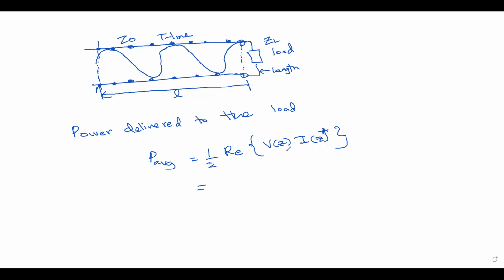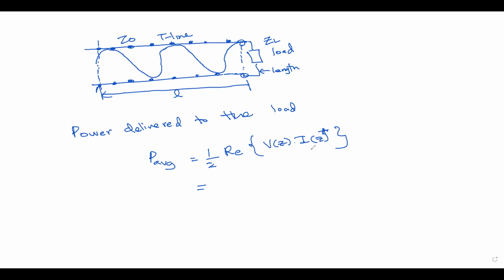Since we are considering electromagnetic waves, we cannot define a definite amplitude for these voltage and current values. This is not a DC circuit. Since voltage and current change with distance, we denote them using V(z) and I(z).